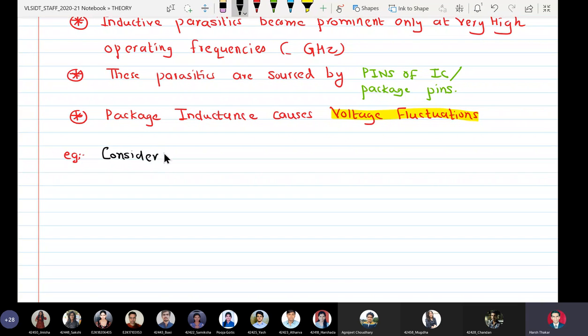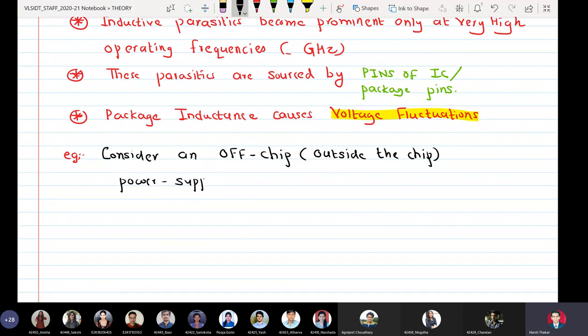Consider an off chip power supply driving a certain chip.